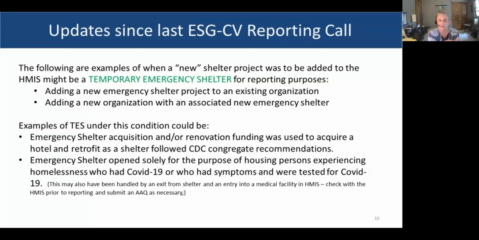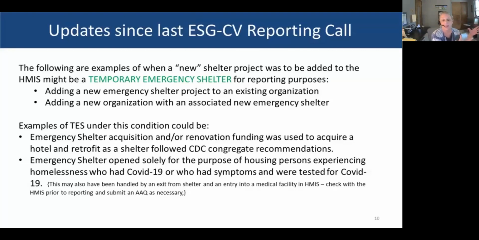We saw places across the country where the shelters tried to get those folks out of the regular shelters and into an isolation kind of place. Again, that's a temporary solution. If you did that and you counted it as a shelter, we'll take it as a temporary emergency shelter.